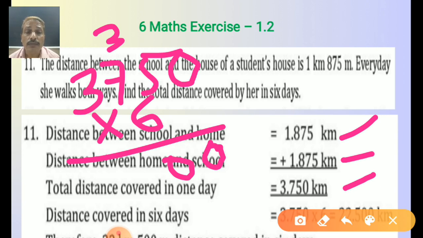Now 6 7s are 42, plus carry 3, 45. Out of 45, 5 comes down and 4 is the carryover. Again 6 3s are 18 plus 4, that is 22.